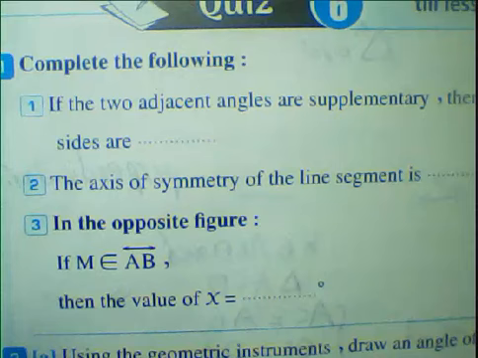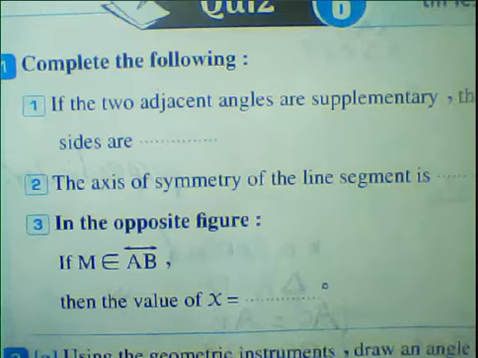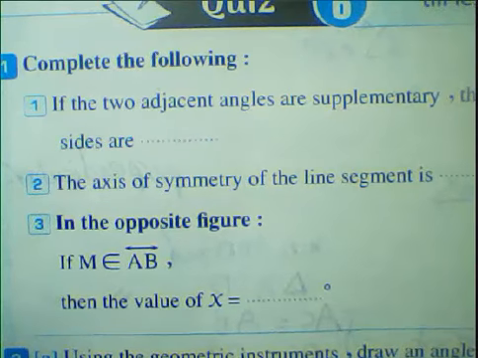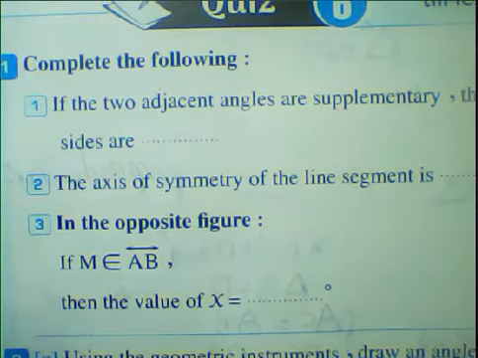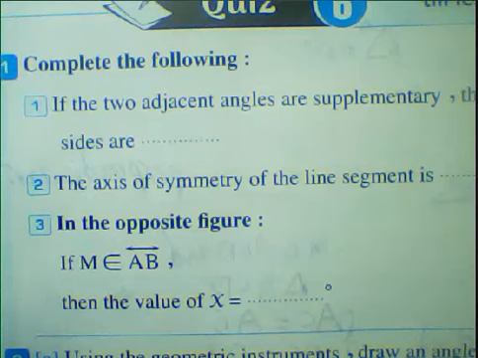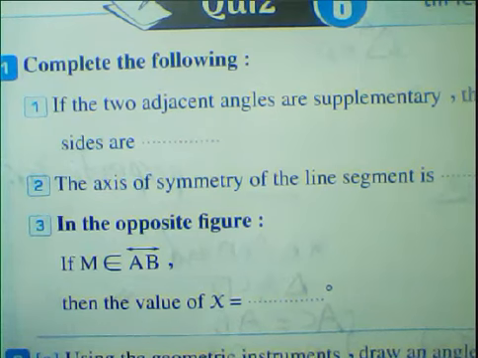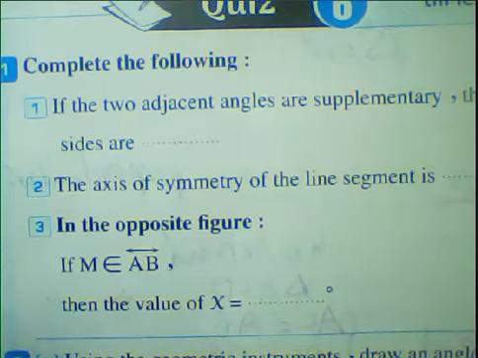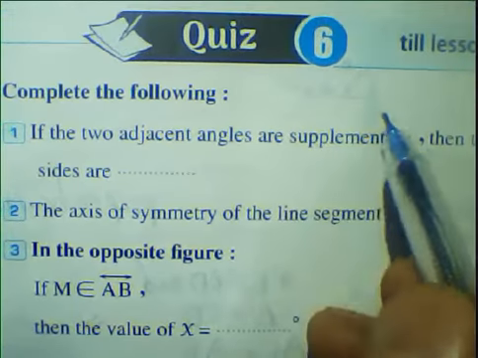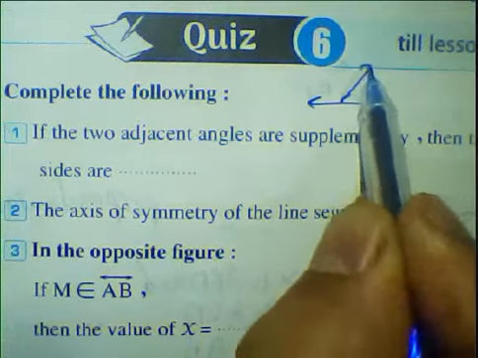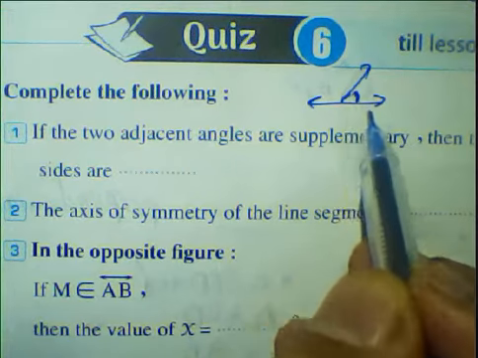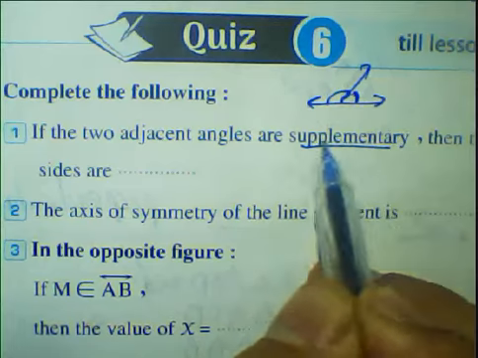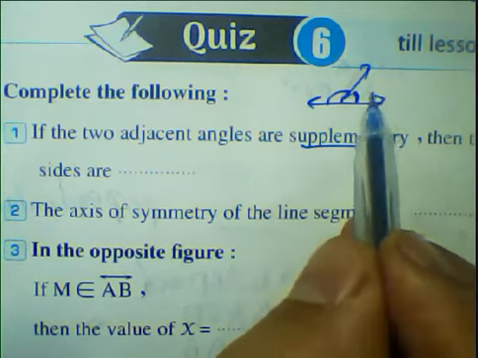If two adjacent angles are supplementary, then their outer sides are... We have supplementary, it means the sum of the angles between them equals 180. So he asked what the outer sides are: on the same straight line. Two adjacent angles are supplementary, meaning the sum of them equals 180.